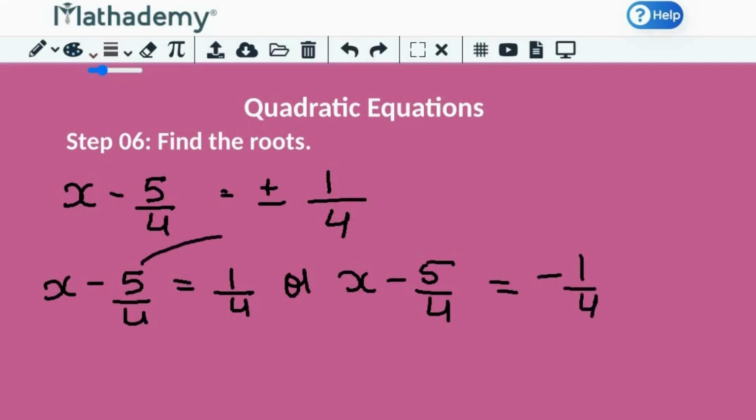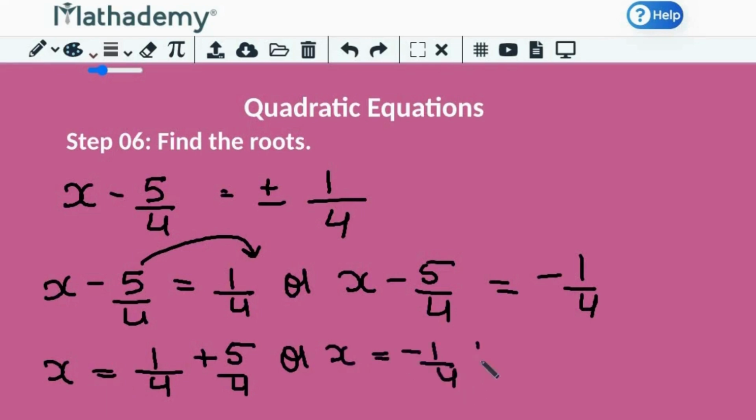When I transpose this on the other side, what will I get? I'll get x = 1/4 + 5/4, or x = −1/4 + 5/4. On solving this, I'll get the value of x as 3/2 or 1.